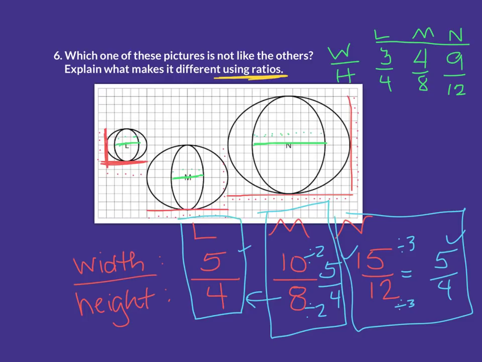So if I reduce each of these, L is already reduced because they don't share a gazinta, 3 and 4. 4 and 8 do share a gazinta, 4 gazinta both of them. So 4 divided by 4 is 1, 8 divided by 4 is 2. So that one's 1/2.